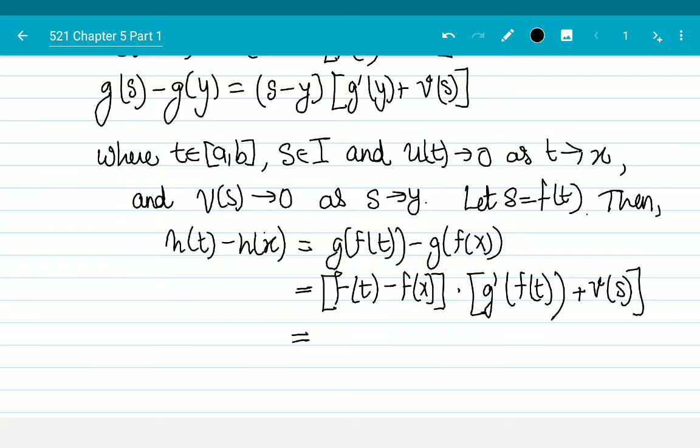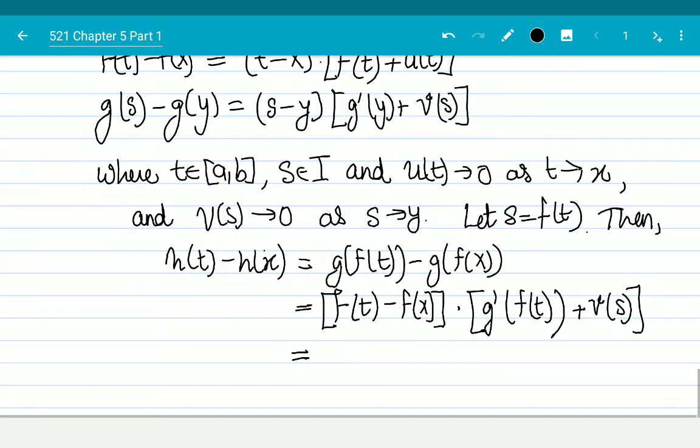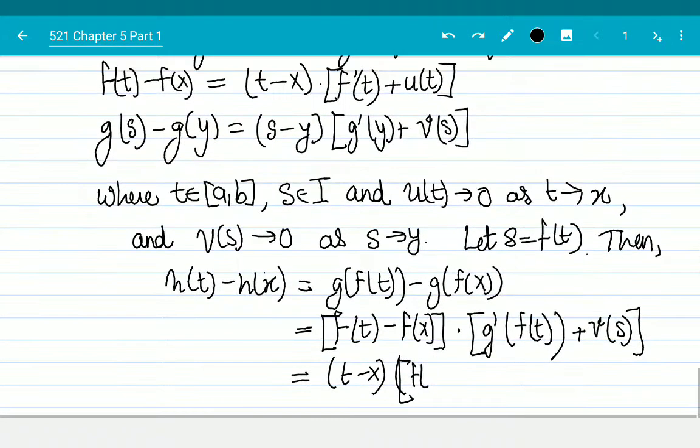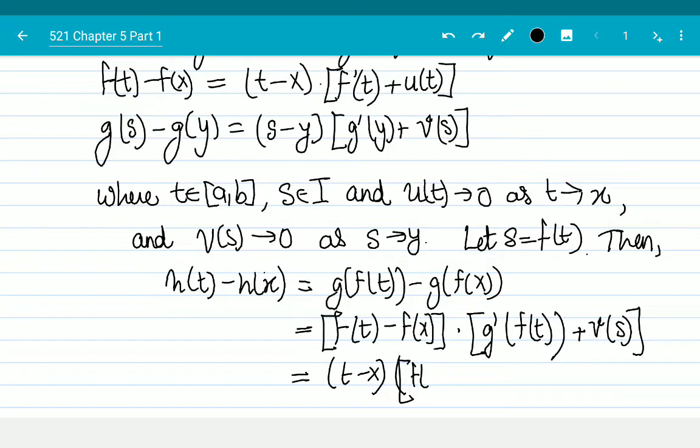Well, and this is equal to, f of t minus f of x from the first part is equal to t minus x times f prime of x.